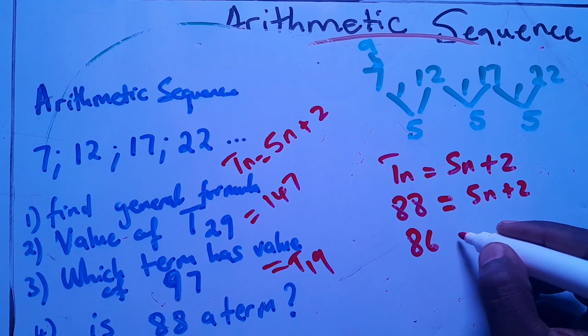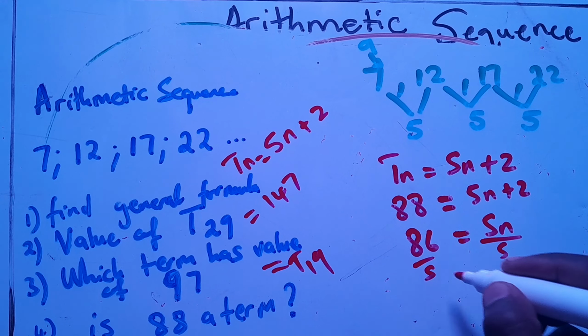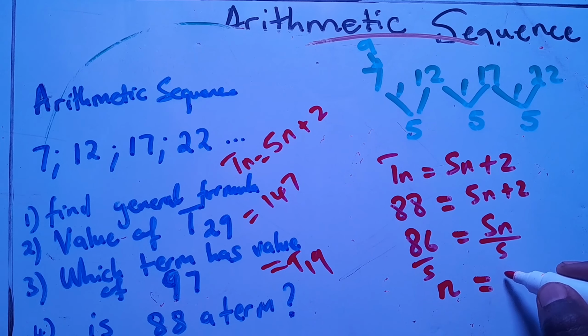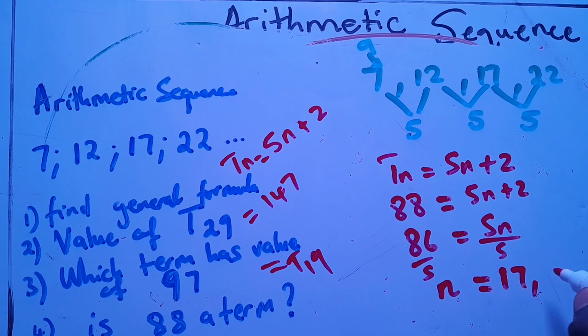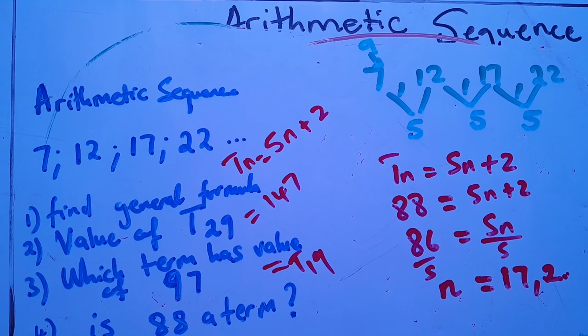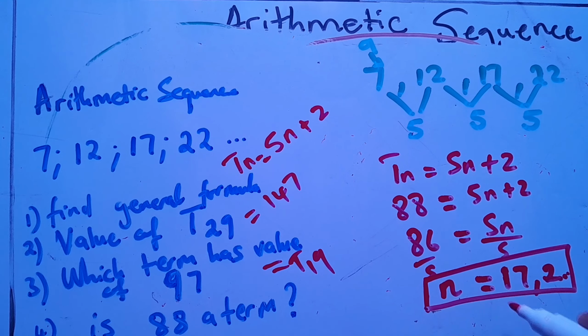So this becomes 86 is equal to 5n, divided by 5 on both sides. So our n now becomes 17 point something.